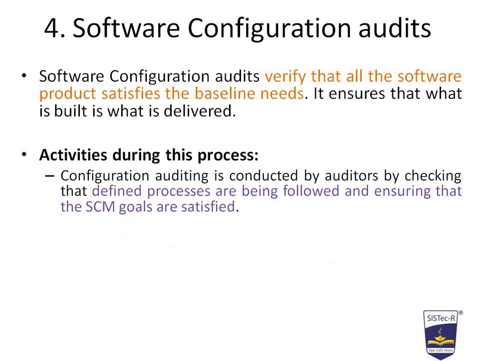So activities under this phase: configuration auditing is conducted by auditors by checking that defined processes are being followed and ensuring that the SCM goals are satisfied. So I already told you that an audit has some checklist, that this has to be a target, and these are the accomplishments, and the accomplishments should meet the targets properly.